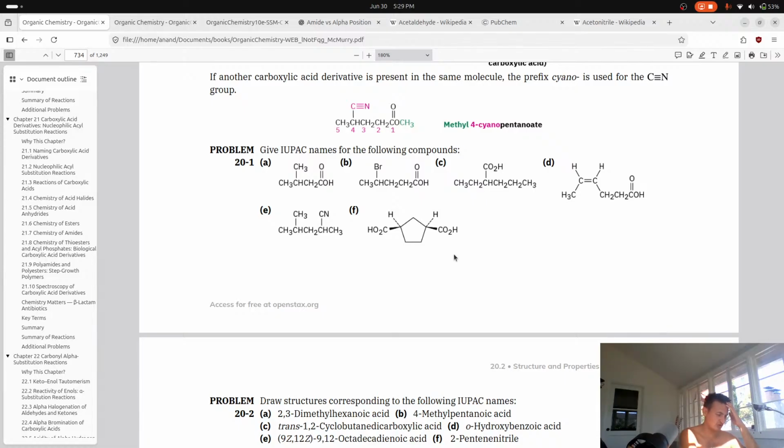This is gonna be 2,4-dimethylpentane nitrile. So here's the carboxylic acid. So C1, 2, 3, 4, 5. So this is going to be 4-bromopentanoic acid.